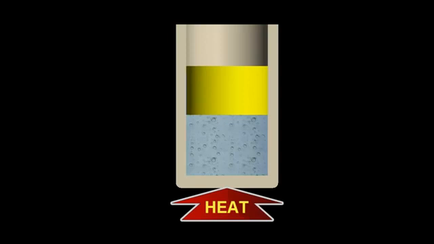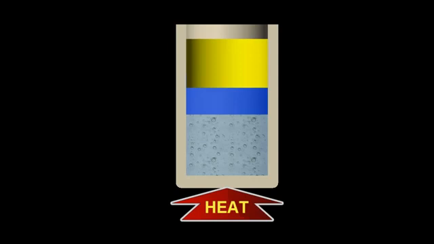During the boiling process, the water changes phase from a liquid to a gas, otherwise known as steam. Now, as I start the animation, we can see that the expanding steam in the system raises the piston, as expected. Now, I'll pause the animation momentarily.